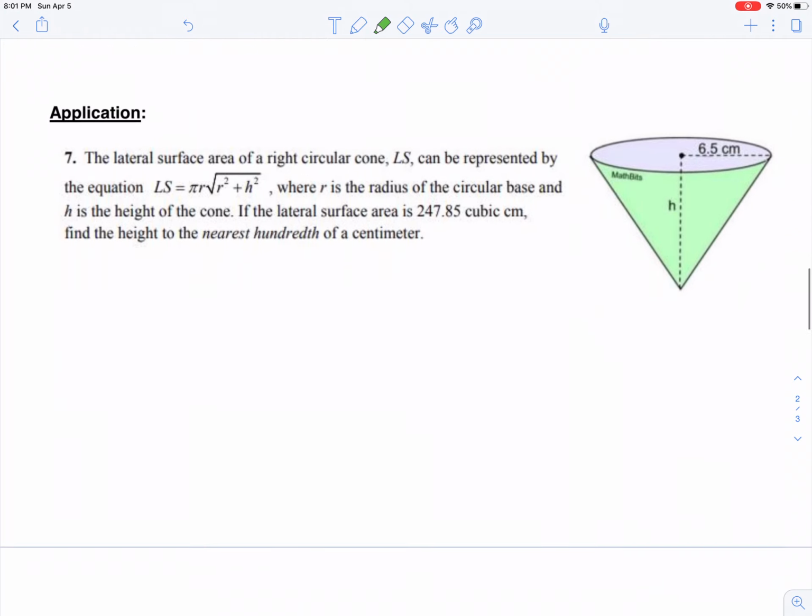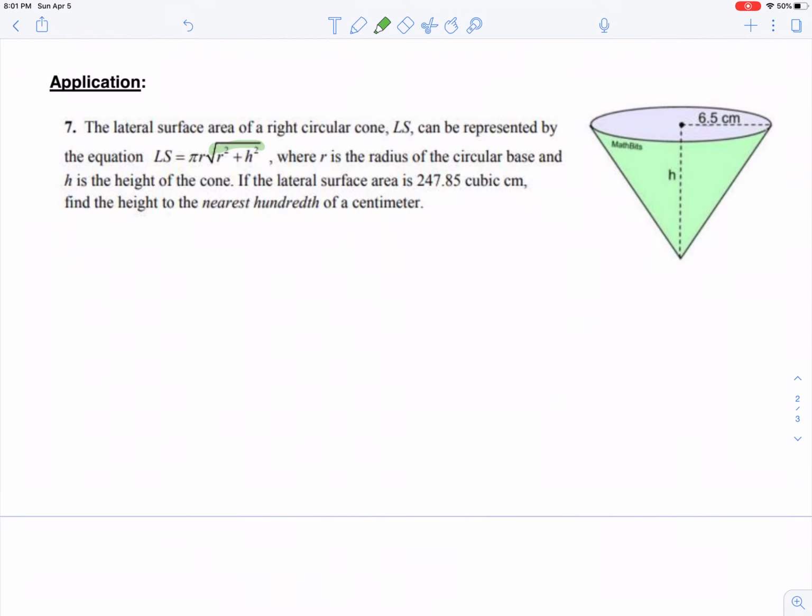They do pi r, and instead of L, they're using the Pythagorean theorem to define that slant height. So that's given to you here, so that's not really being tested. They give you that the lateral surface area, which is this number here, is 247.85. They ask you to find the height to the nearest hundredth.